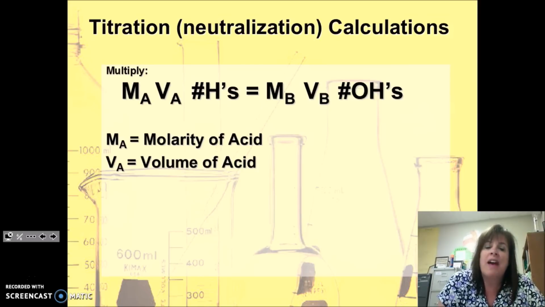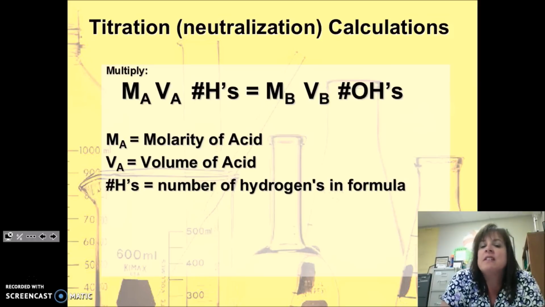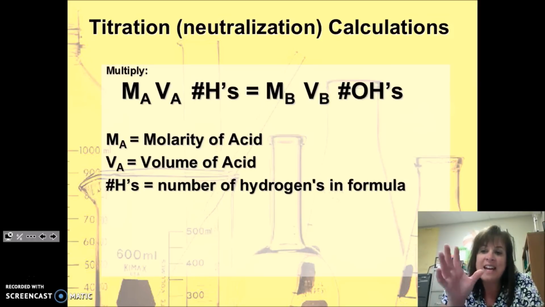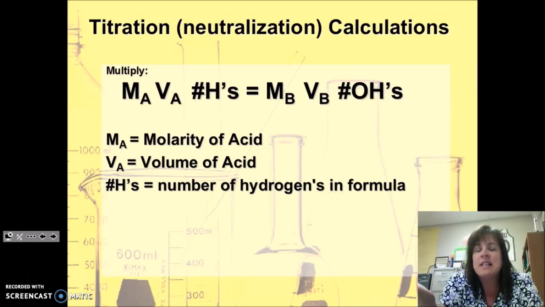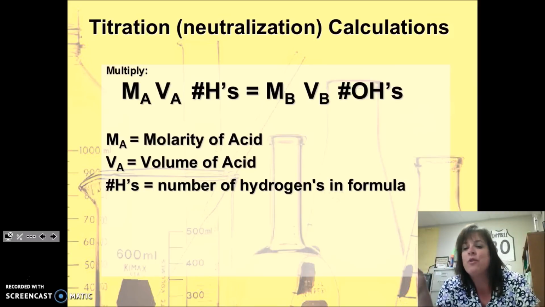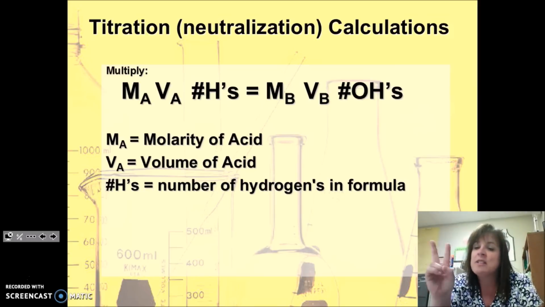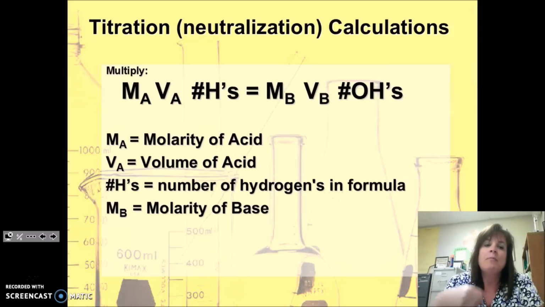VA is the volume of acid, how much we used in our titration, or how much we put in the flask. The number of H's is the number of hydrogens in the formula. So if we're using hydrochloric acid, that's HCl, so it's 1. But if we're using a diprotic acid like sulfuric acid, that's H2SO4, then we would put in a 2 because there are 2 H's.